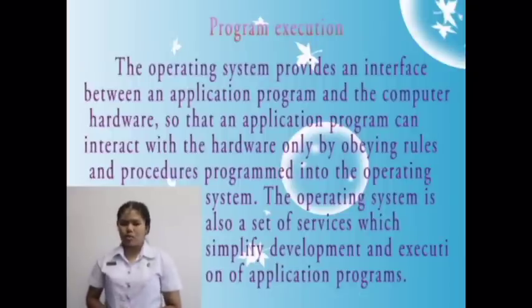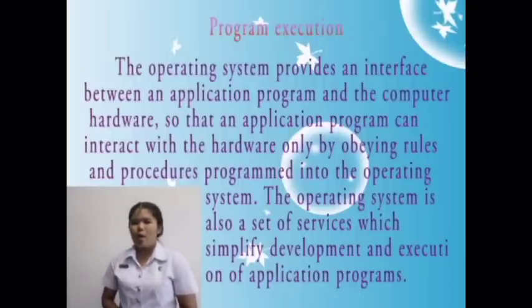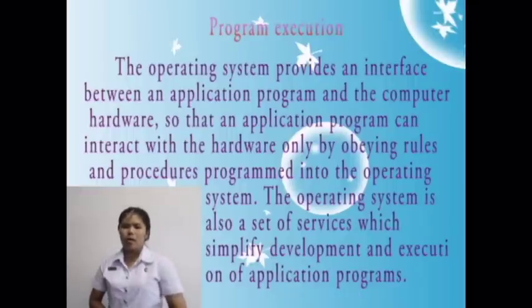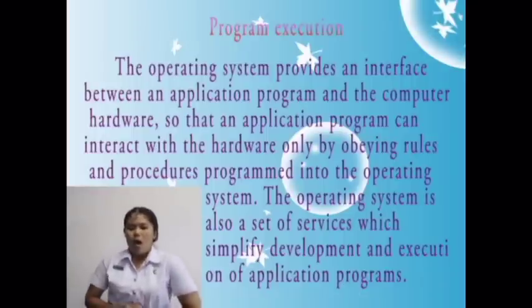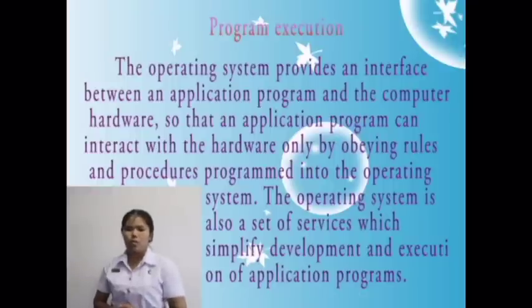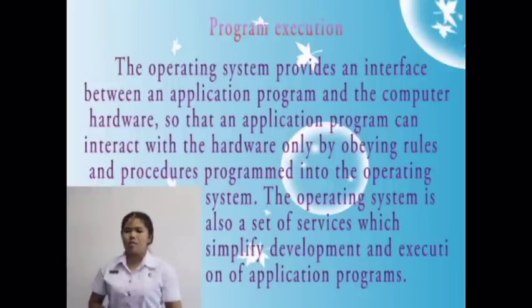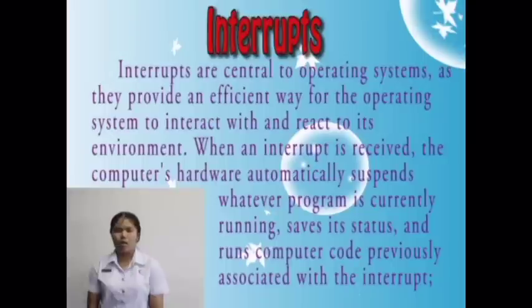Program execution. The operating system provides an interface between an application program and the computer hardware, so that an application program can interact with the hardware only by obeying the rules and procedures programmed into the operating system. The operating system also allows access to services while simplifying development and execution of application programs.